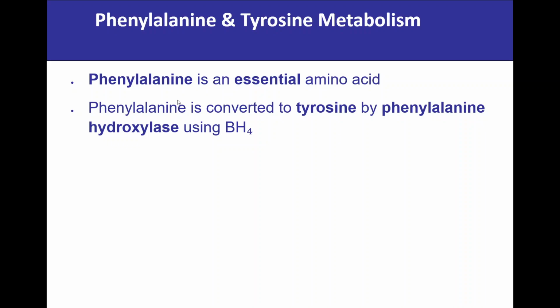Phenylalanine is essential. There are no reactions to make phenylalanine, but phenylalanine gets converted to tyrosine. So does this make tyrosine essential or non-essential? Saying that phenylalanine is converted to tyrosine means that you have a reaction in your body to make tyrosine, and that makes tyrosine non-essential.